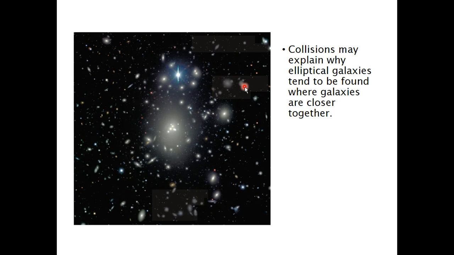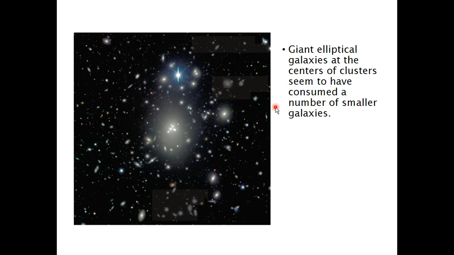In particular, collisions are possible where the galaxies are close together. And some galaxies are in the center of clusters, and they seem to have consumed smaller galaxies. They've grown by absorbing other galaxies.